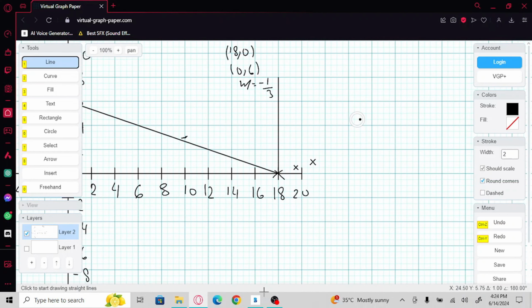So let me mark. This is the 6. We have to end this at this point. So line it, and it's going to go up. We're going too much. Yes, and that is our graph. Let me make this much smaller. This is our graph for the last part.